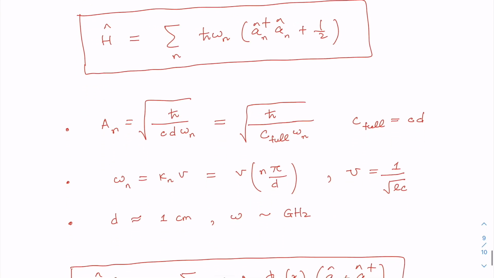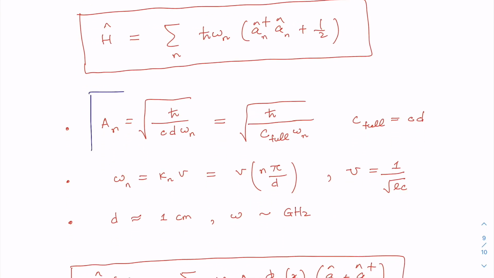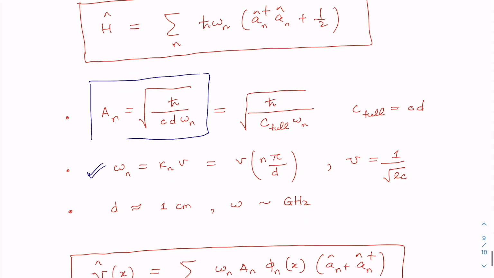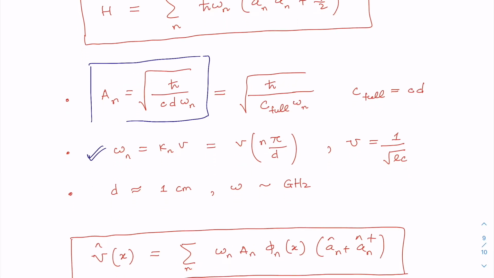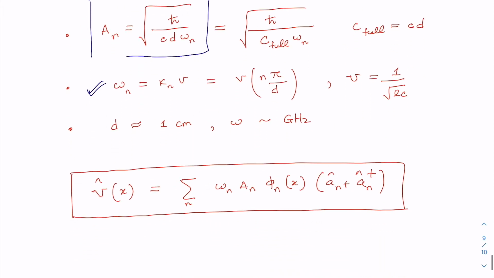While doing this, we have taken our constant A_n to be like this, and the dispersion relation is this. And from this we also discussed how we can get the voltage in the transmission line resonator, which is a very, very important quantity.